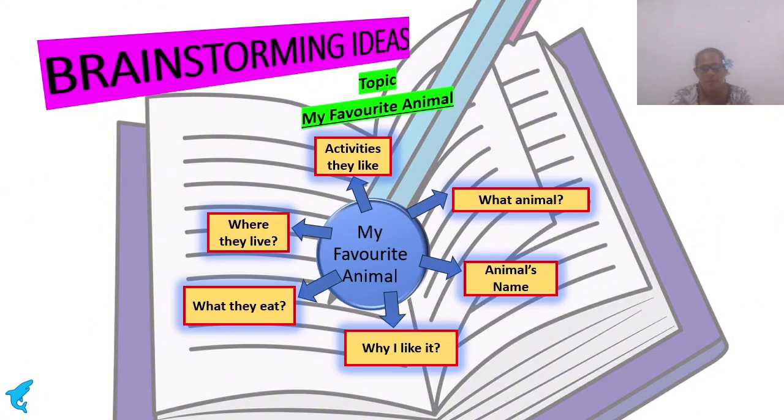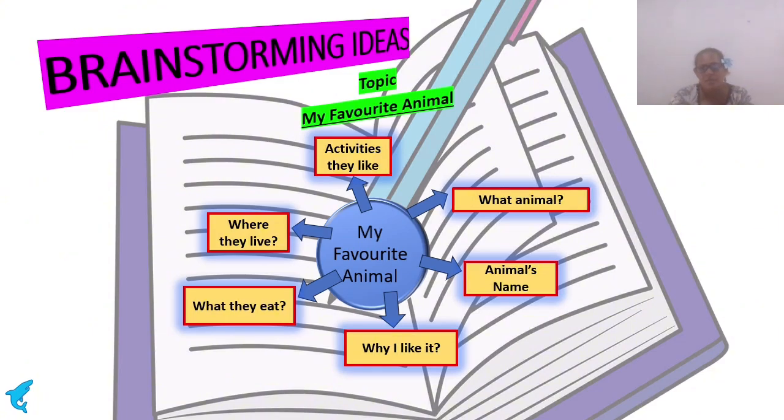In my favorite animal, you have to give ideas of what you're going to write about. So you give some hints around this arrow. My first hint is: what animal will I write about in my paragraph? Since I am talking about my favorite animal, it can be any animal.